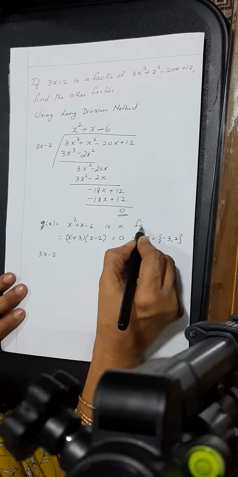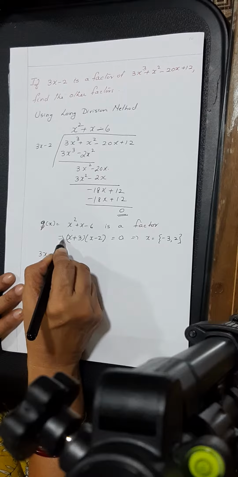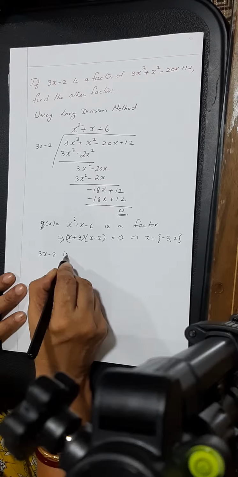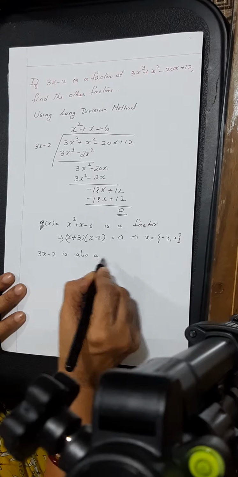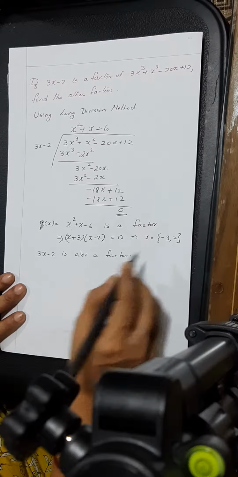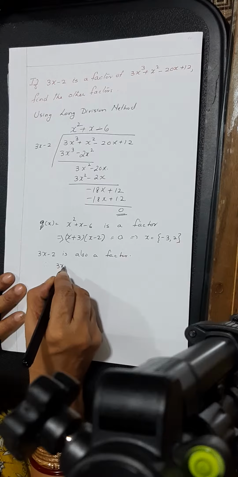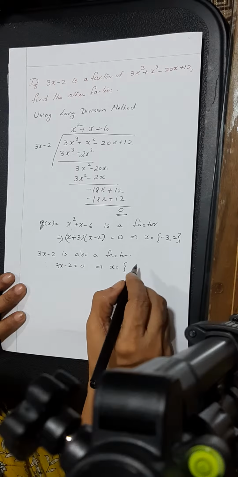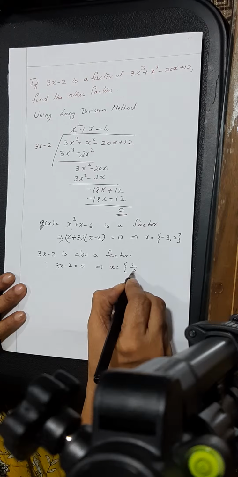Now 3x minus 2 is also a factor. Therefore, equating 3x minus 2 is equal to 0, from which you will get x is equal to 2 by 3.